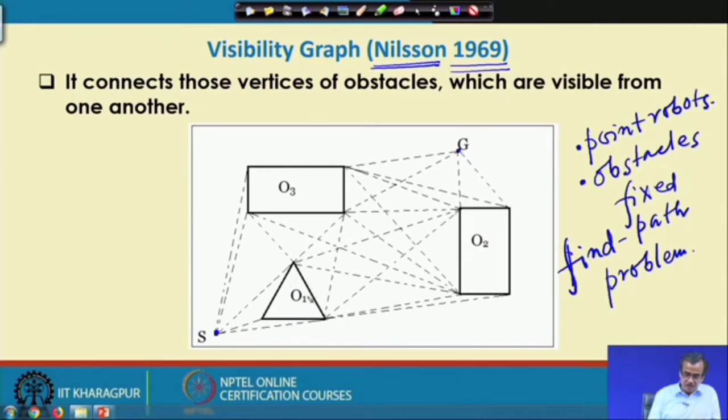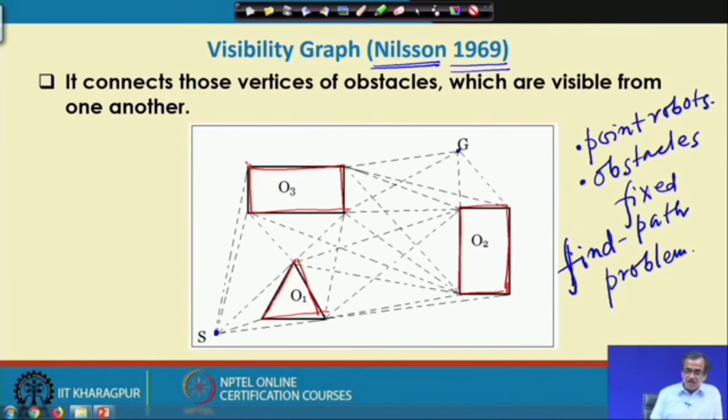And here we have got some obstacles. So, this is obstacle 1. Here we have got obstacle 2, and these are all 2D stationary obstacles. And this is another obstacle.